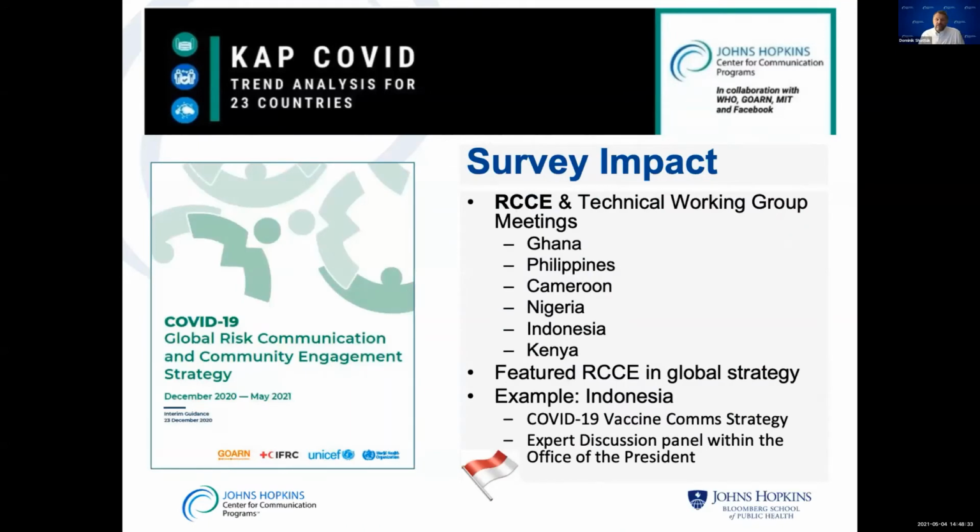RCCES, or Risk Communication and Community Engagement Committees, are the coordinating bodies in many countries. They provide directions for COVID-19 prevention and intervention strategies. I've listed a few countries where our data have been featured in the RCCE meetings. There are others as well. Sharing these data is critical in many low and middle income countries because they often don't have the luxury of private research firms collecting national level data.